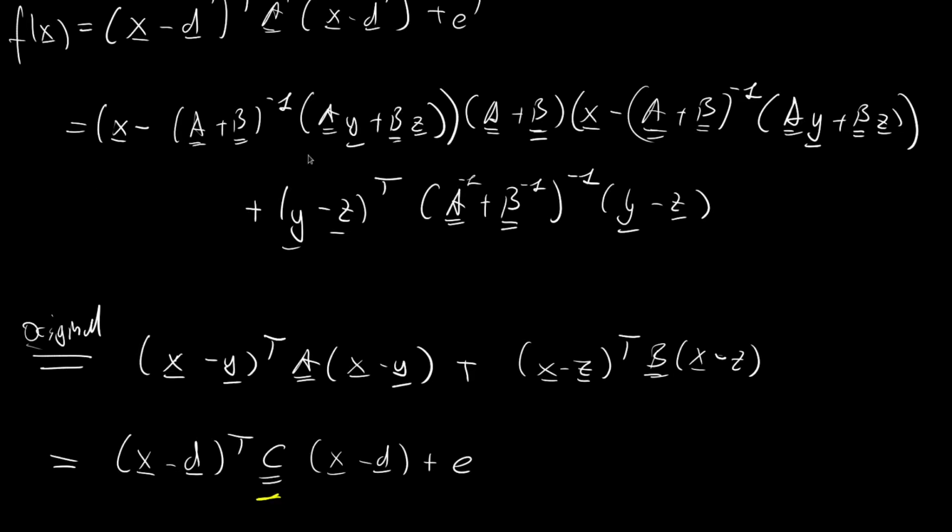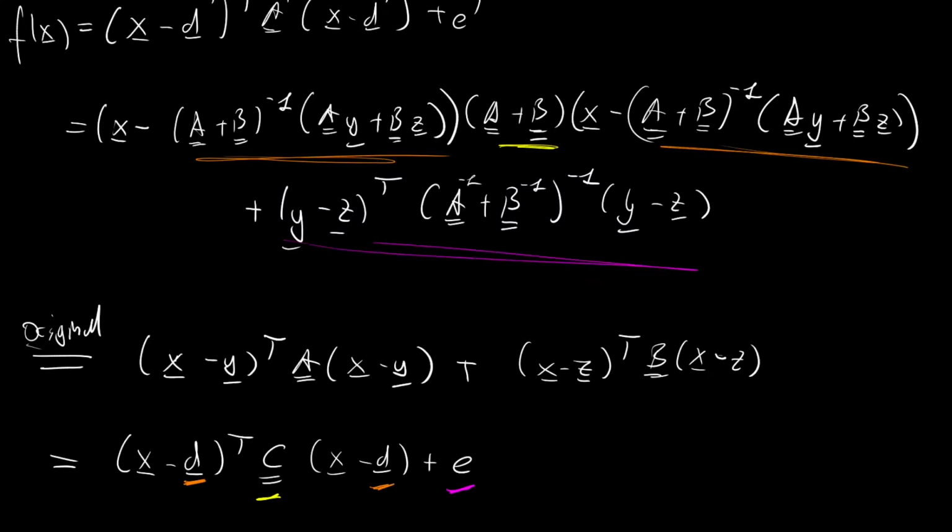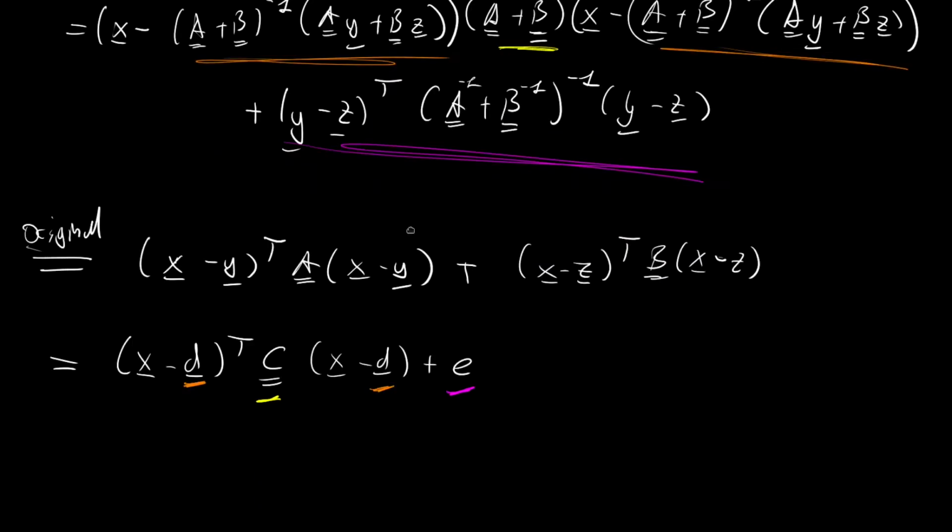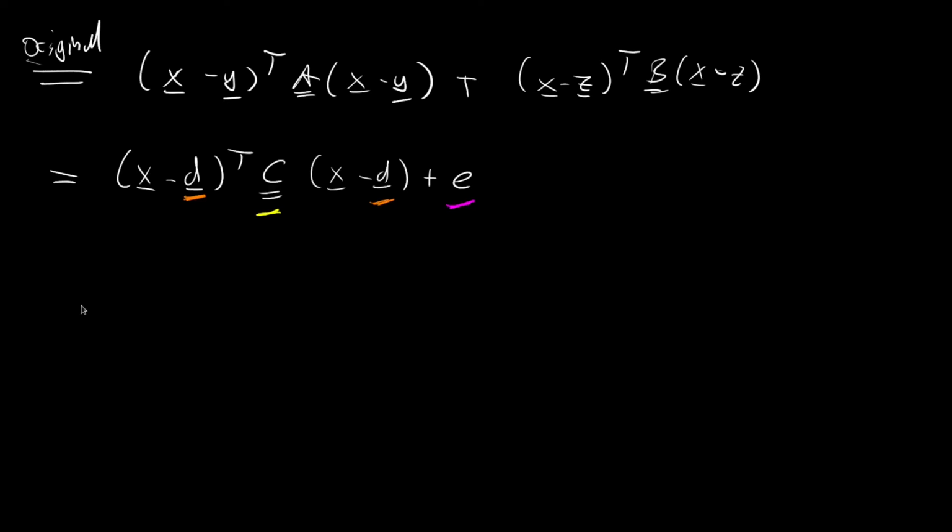We first have the C, which is this matrix here. Then we have the vector d, which we can find in 2 spots here. And we have the scalar e, which is this one here. And then we see the matrix C is given as A plus B. This will be our first result.